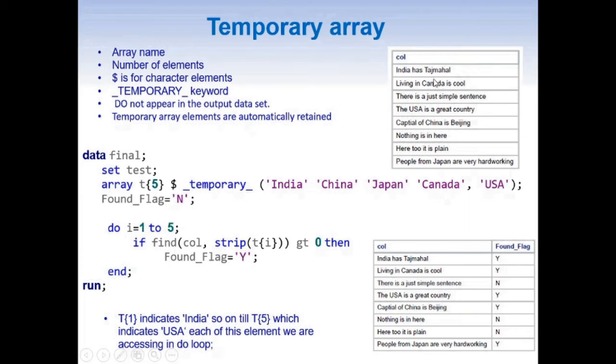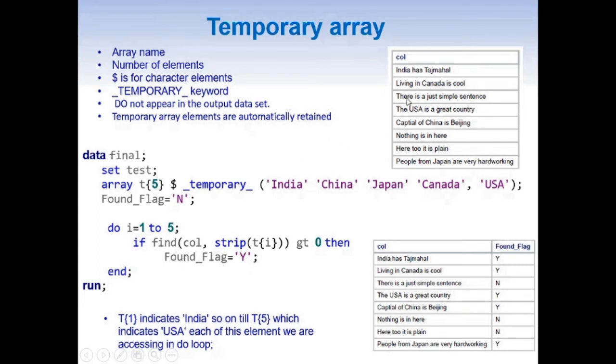And once this first observation is done, the data step moves to the second observation. Again we have do i equal to 1 to 5 and we are going to access all of these 5 elements for this second observation. If it finds any of these values, then we are going to have the value y for the found underscore flag variable.